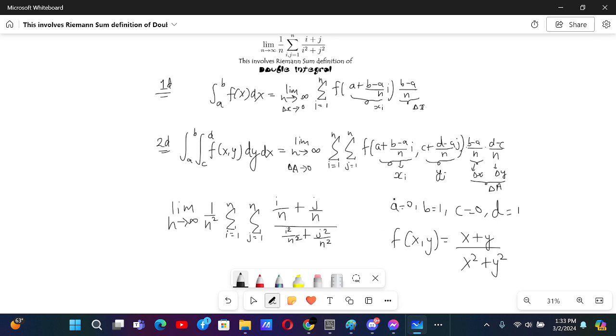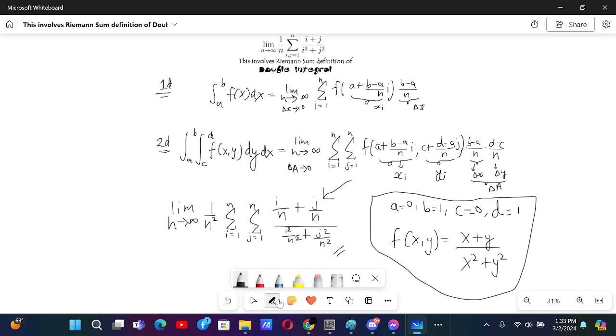In this setting, our definition exactly matches the expression over here. Can you check that? For this case, our sum exactly goes to this expression over here.